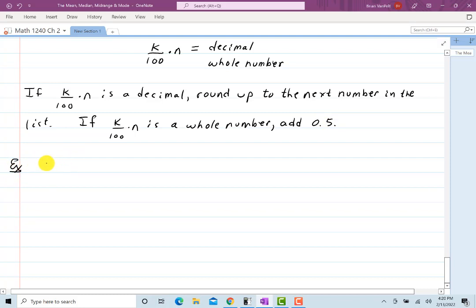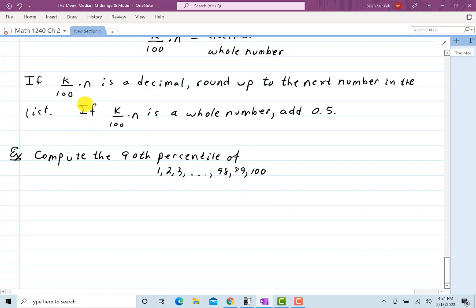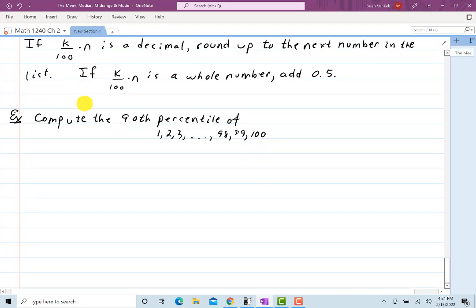As an example, compute the 90th percentile of 1, 2, 3, ... 98, 99, 100. So I need to compute the 90th percentile of the whole numbers from 1 to 100.